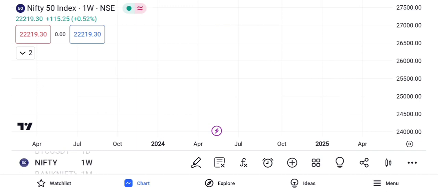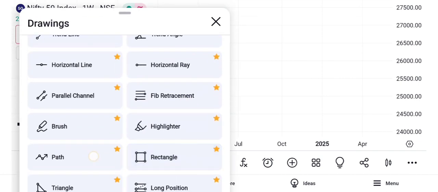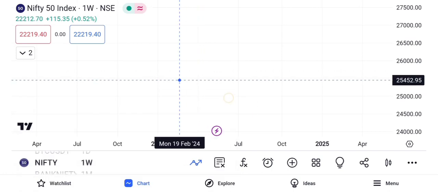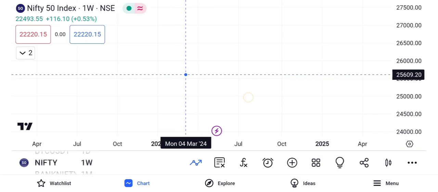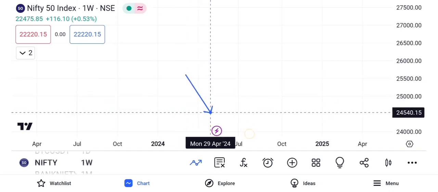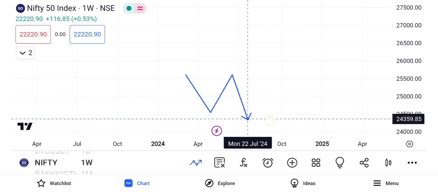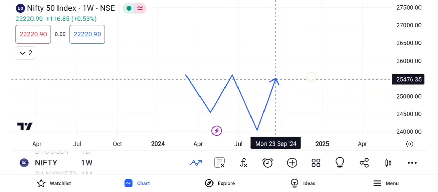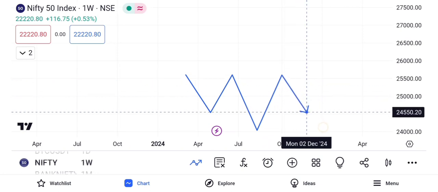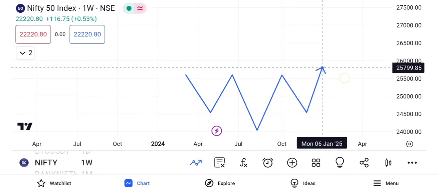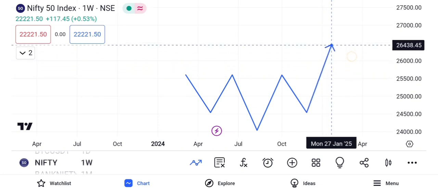Okay, so the next pattern you should be knowing is the inverse head and shoulder. Okay, that is the reverse of the head and shoulder pattern. That actually means, so this is one shoulder, and this is the head, okay, and this is another shoulder, okay, and this is the resistance level which the market breaks.